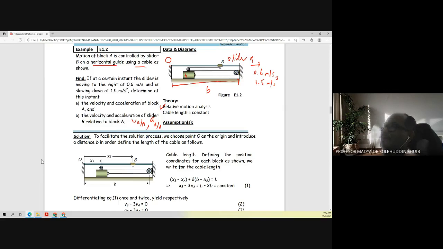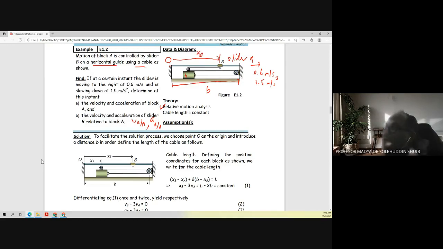And then from here to here, because the slider moves, it does not stay there forever. It moves to the right and to the left, so it is going to move XB.